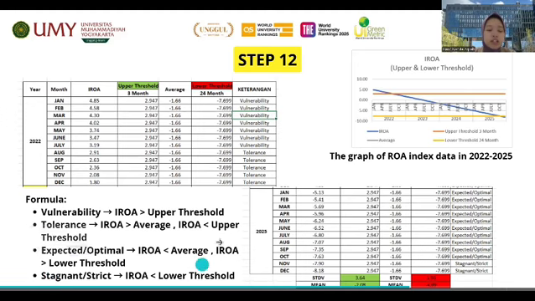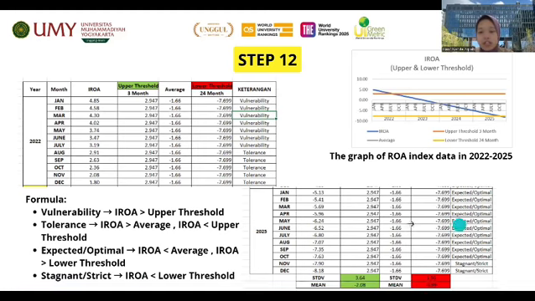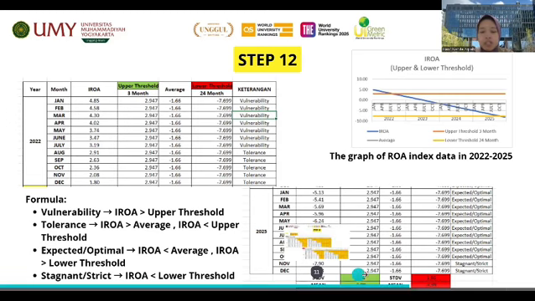And for stagnant and strict, IROA will be less than the lower threshold. It also has the same form with the standard deviation added. Mean means average for all of those values.